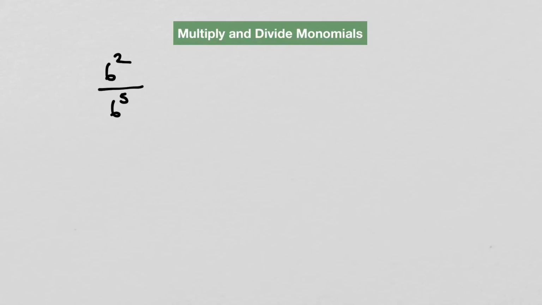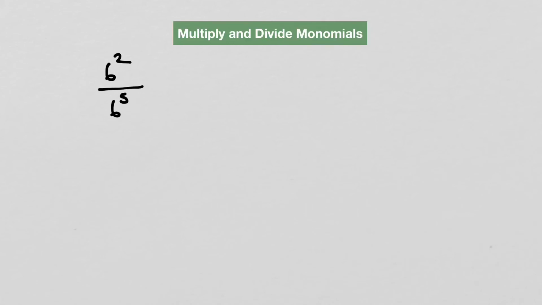Okay, this is a little different because in the past, that 6 to the 5th power would typically be in the numerator, right? The exponent 5 would be larger than the 2 in 6 squared. So 5 would be greater than 2, but now we've got it flipped around.